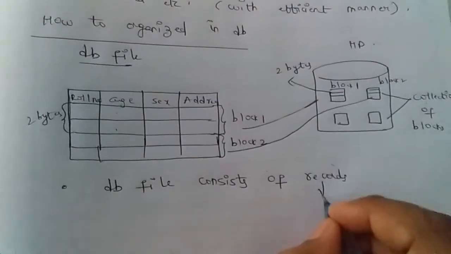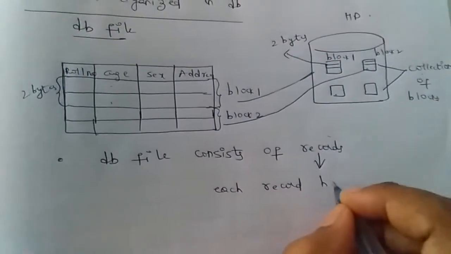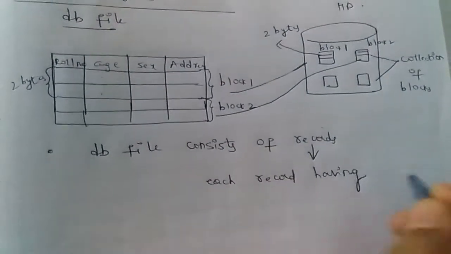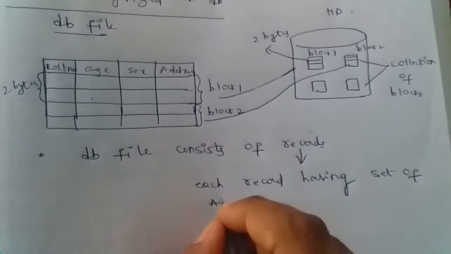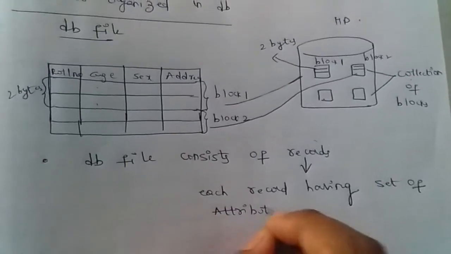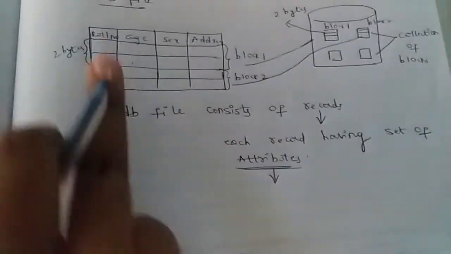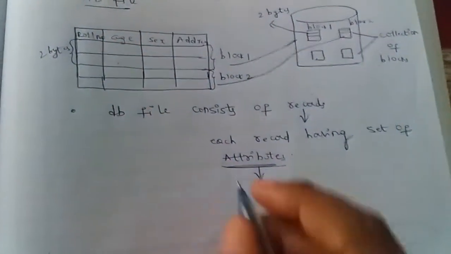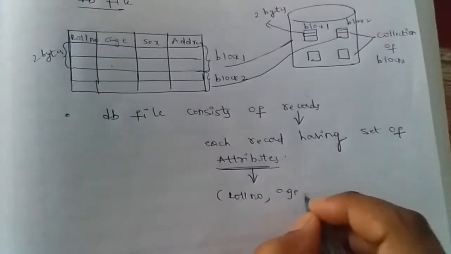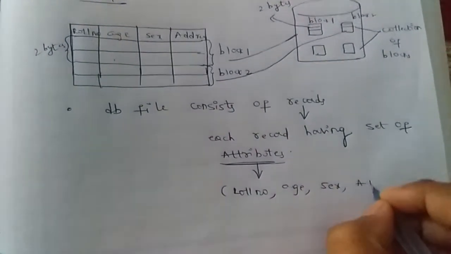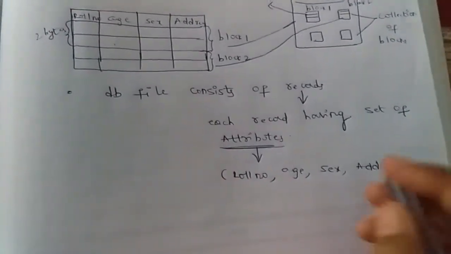Each record has a set of attributes. What is meant by attribute? In the database file, attributes are roll number, age, sex, address, and not only these 4, so on.